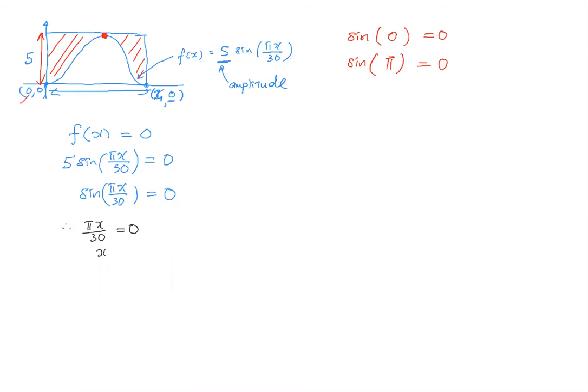So x equal to 0. Or pi x over 30 equal to pi. So x equal to 30 pi divided by pi, so equal to 30. Am I right?